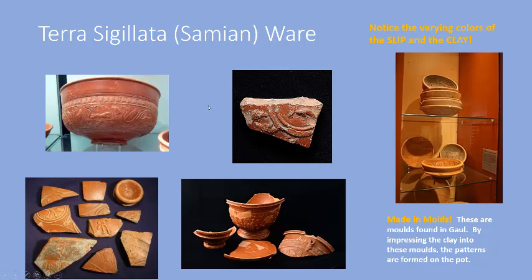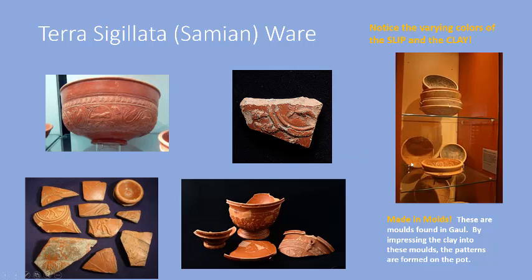Terra sigillata, aka Samian ware. This is the one that was my fave, remember, because it marked the expansion of the Romans. And here are some examples of it. It also is slipped with a darker slip on the outside, and the inside is a lighter clay. These are often made in a mold, and here's some examples on the right here of some of the molds used to create this.